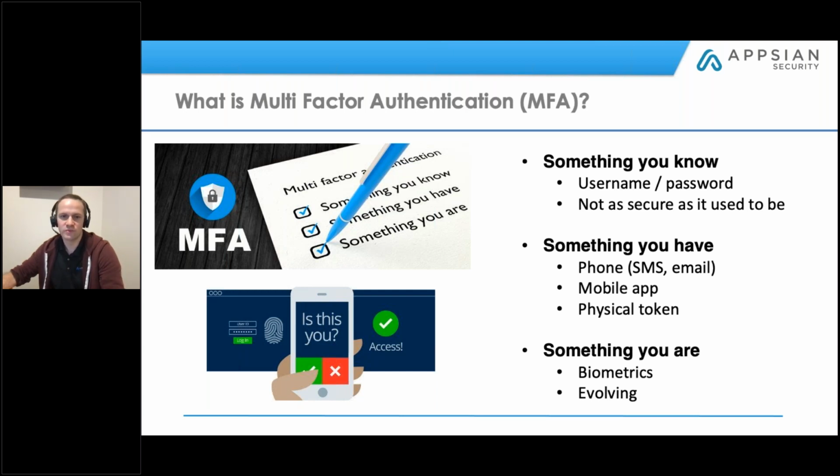Something you know could be a login and password, date of birth, address, mother's maiden name. Something you have could be a token, a smartphone, an app on the phone, like there is plenty of those, or a text message even too. Something that you are is biometric information like DNA, retina scan or fingerprint, a voice print.